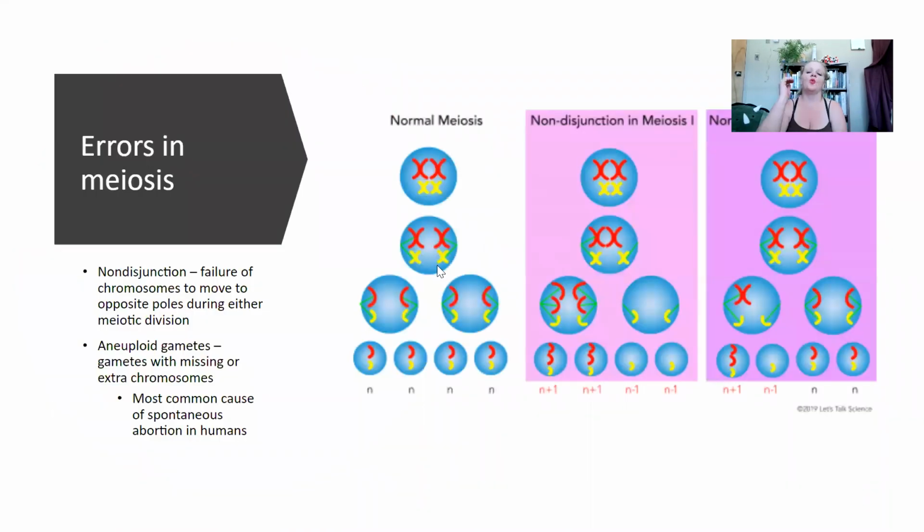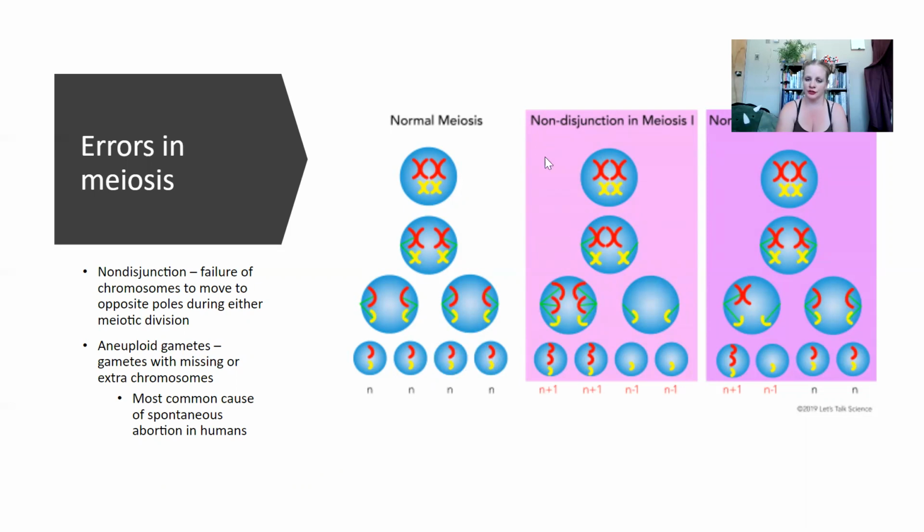All right. We can have meiosis go wrong. So what's going to happen if meiosis goes wrong? We might see non-disjunction. Under normal meiosis, we see all of our daughter cells having the correct number of chromosomes.